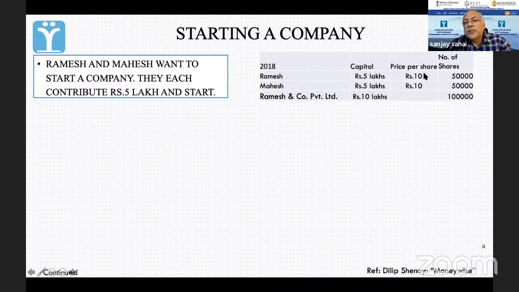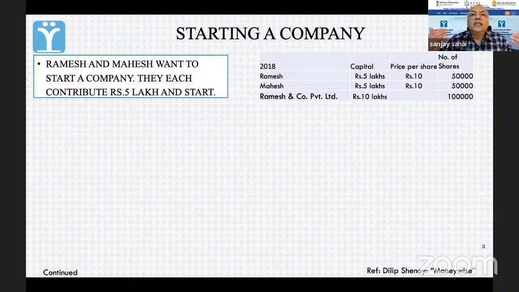Now the price per share. Now the thing is, remember the company is legally a separate entity. It's a separate legal entity from Mahesh as an individual or from Ramesh as an individual. In the eyes of law, they are two different people. Now, when they start this company, they can only hold equity in that company.